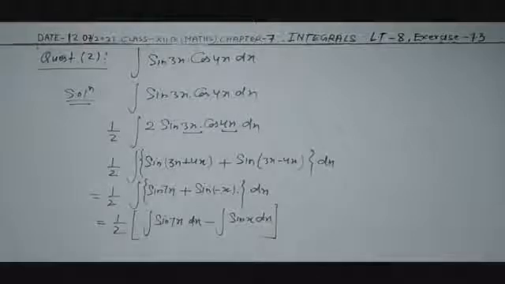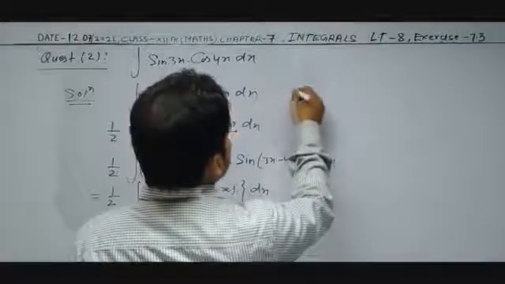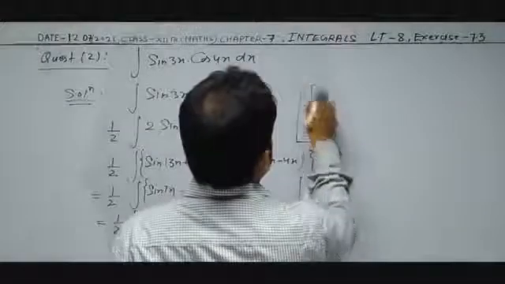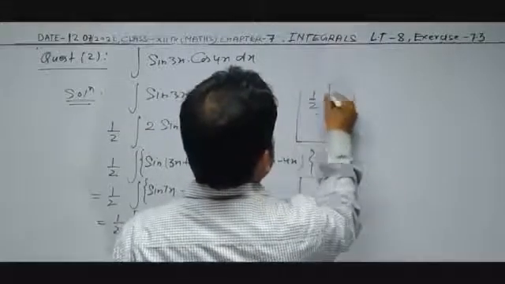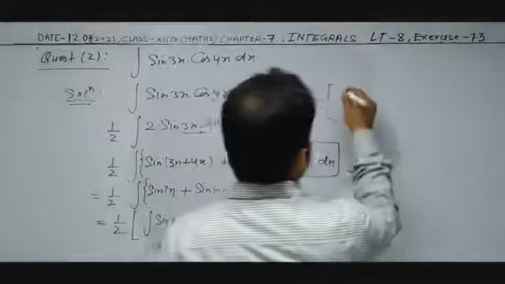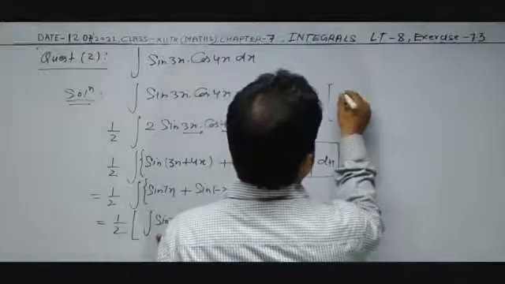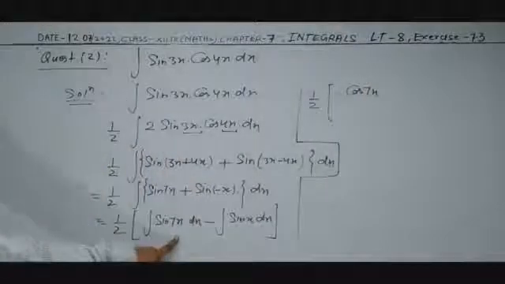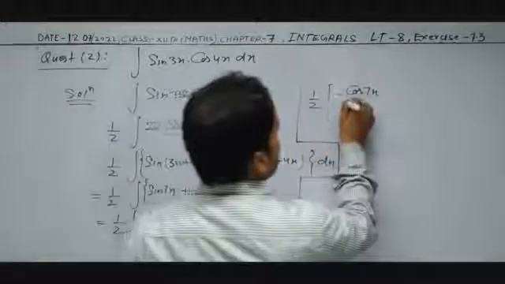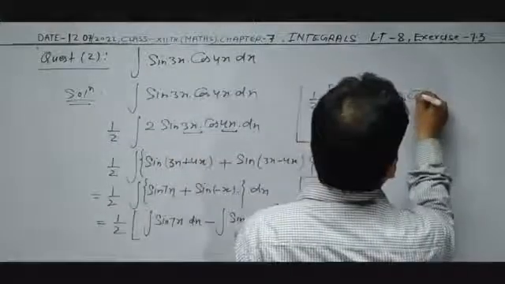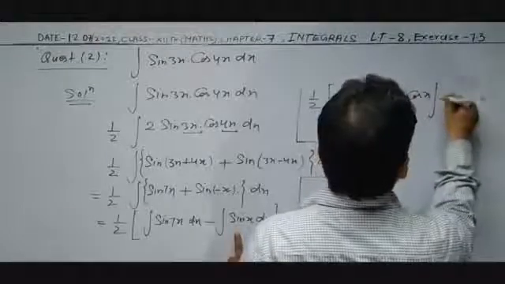Now we have to integrate. Its integration will be 1 by 2 in square bracket, sine of 7x by using the method of substitution. The integration of sine is minus cos, so minus cos 7x, and with 7x the reciprocal 1 by 7 comes, then minus minus plus, the integration of sine x is minus cos x, so plus cos x, plus c.